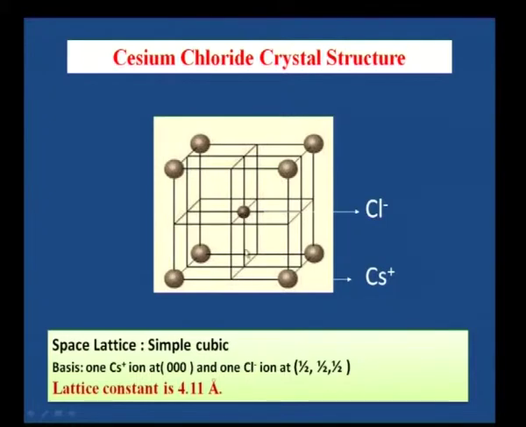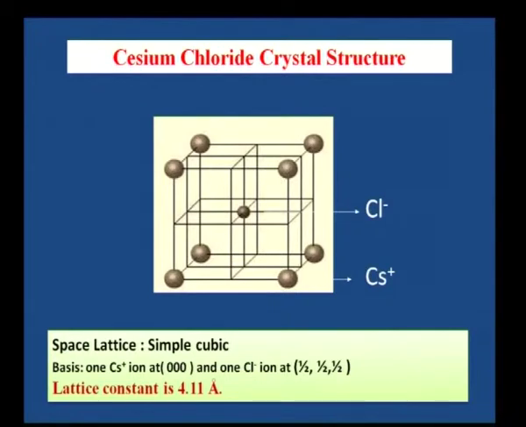Half means half times A, where A is the cube edge, so half times A along the x axis, half times A along the y axis, half times A along the z axis, you end up here. So, you got a basis wherein you got one ion at 0 0 0, and another ion with coordinates half half half. The lattice constant is 4.11 angstroms.